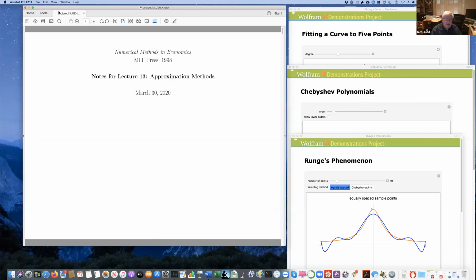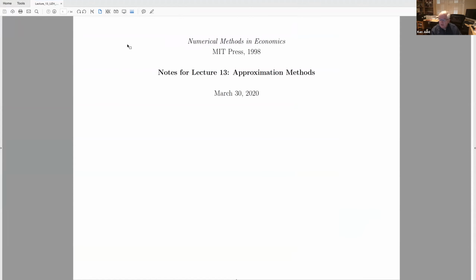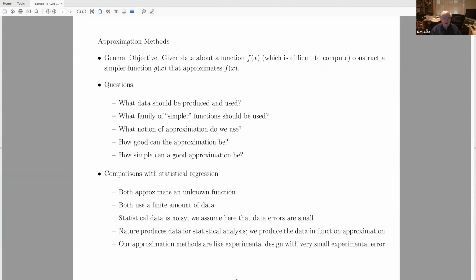Now, today's lecture is going to be on the approximation methods in numerical analysis. Now, approximation methods basically start from the situation where you have some function, f of x, which you find difficult to compute, maybe extremely costly to compute for each individual x.